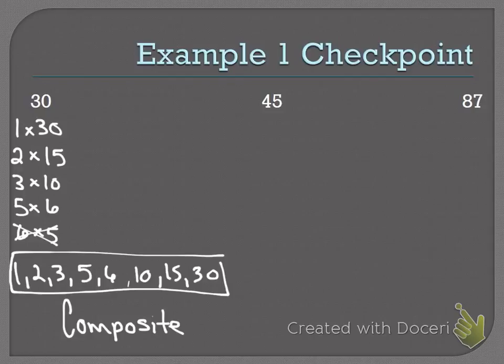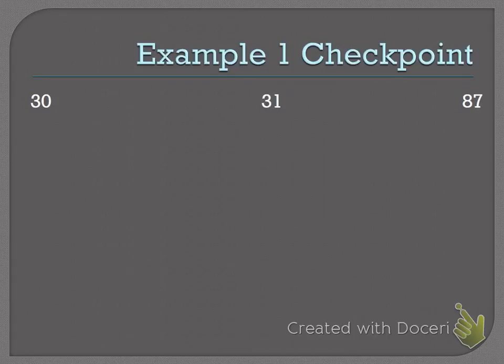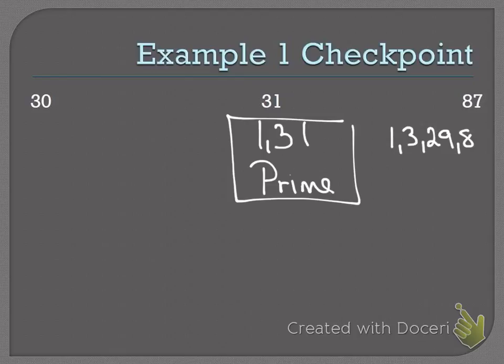I know that the other 2 numbers changed. Just bear with me for a second. We listed out our factors. Did you list out those numbers? And it is composite. Now, for the other 2 numbers, let me switch slides real quick. For 31, 1 and 31 are the only factors, so it's prime.